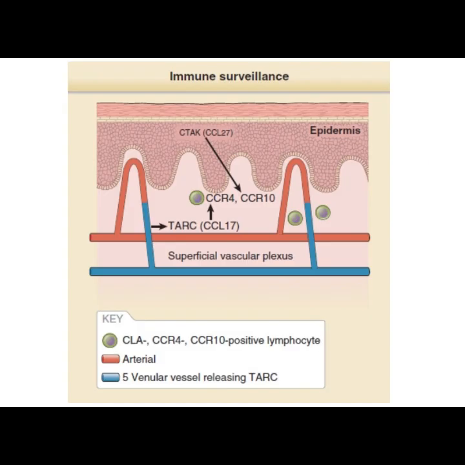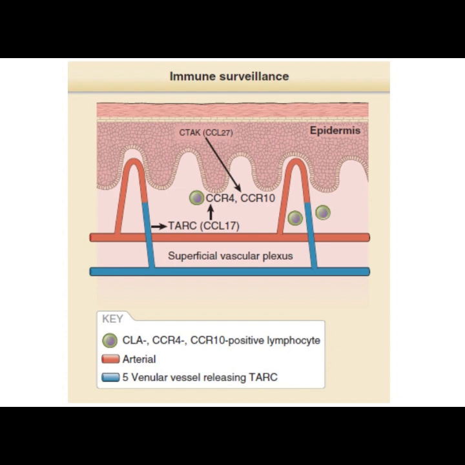This shows how specialized T lymphocytes are guided from the blood into the skin. These T cells carry the receptors CCR4 and CCR10. First step. Venules in the dermis release TARC, CCL17, which binds CCR4 and pulls the T cells out of circulation. Next step.